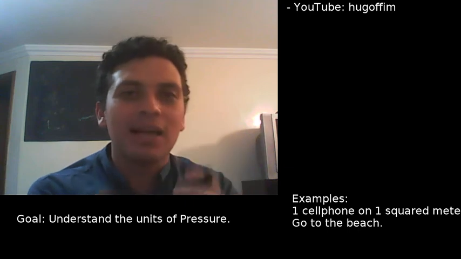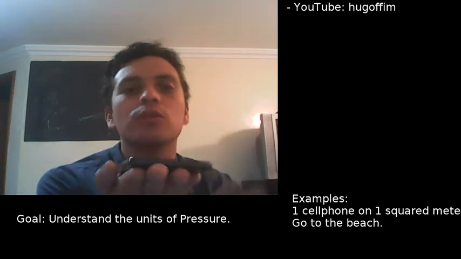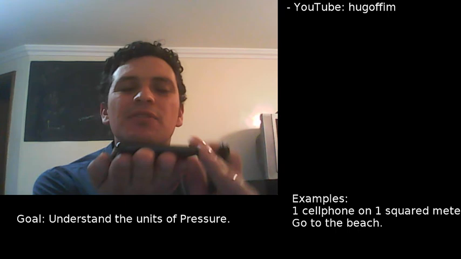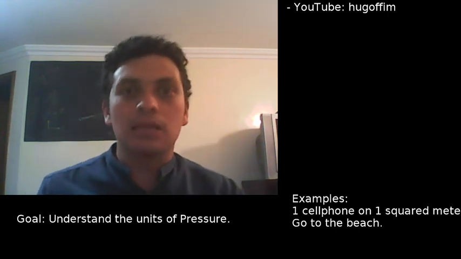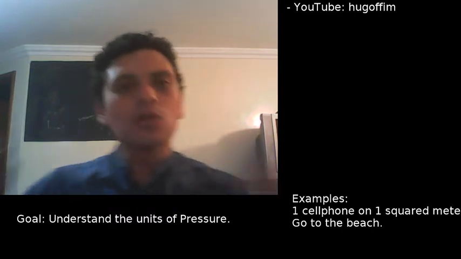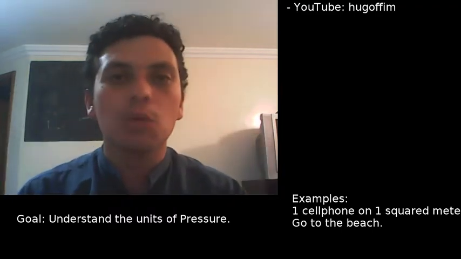So 1 Pascal is a really small unit of pressure. Okay, because the pressure that the cell phone applies upon you is not a lot. So 1 Pascal is a very small unit of pressure.